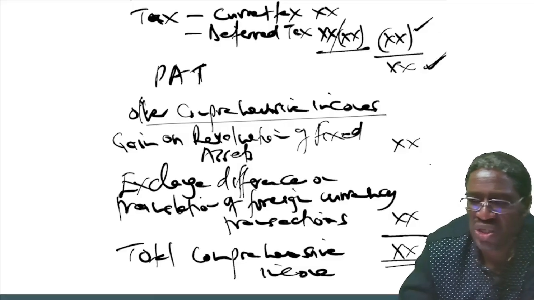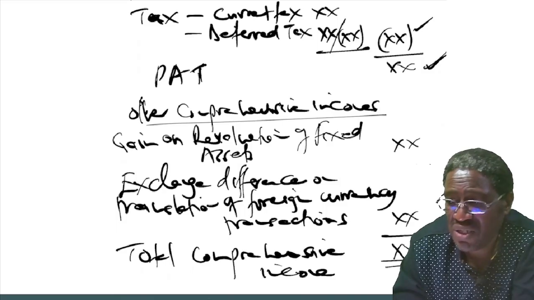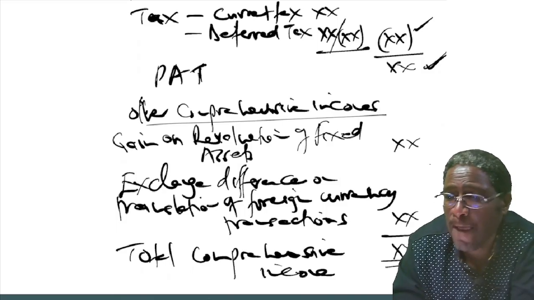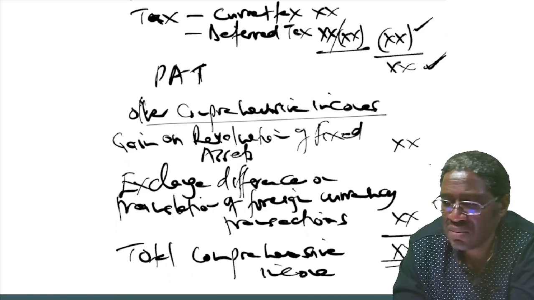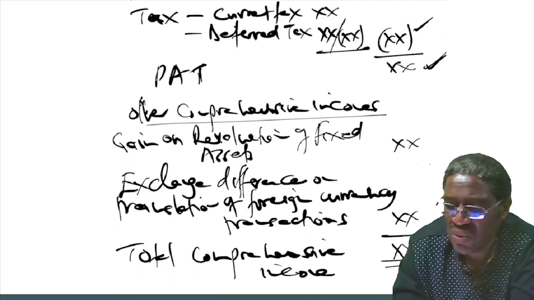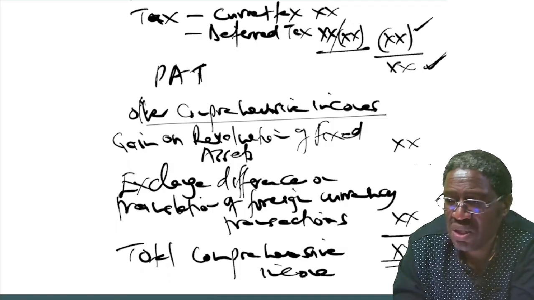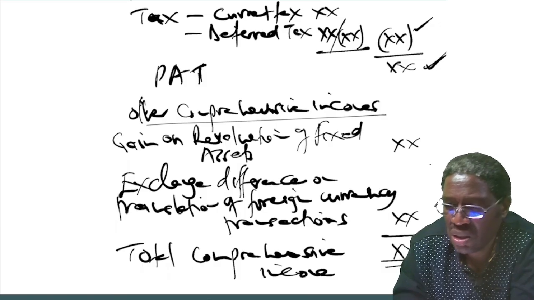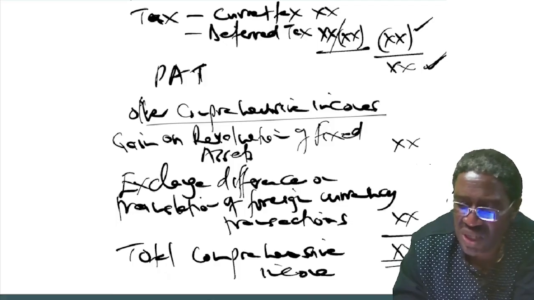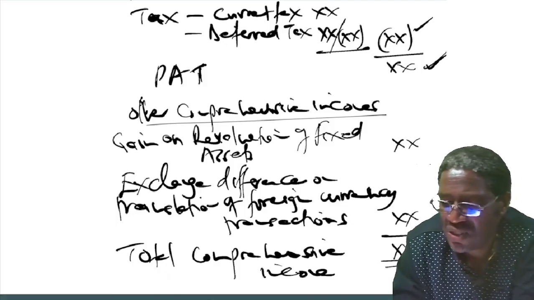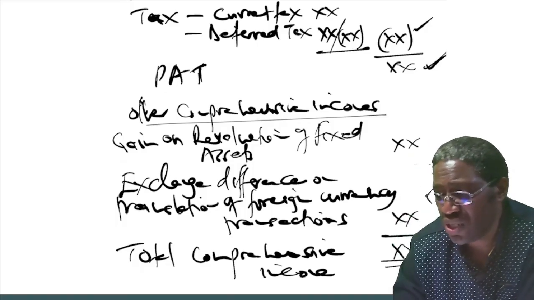We have given two examples, one of them being gain on revaluation of fixed assets. Next one was exchange difference on translation of foreign currency transactions.